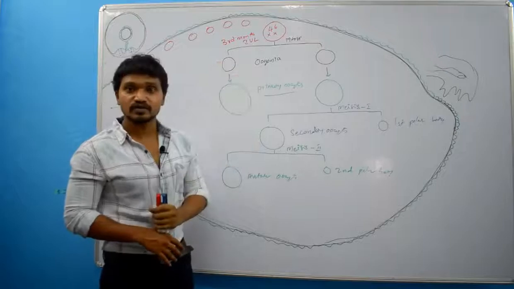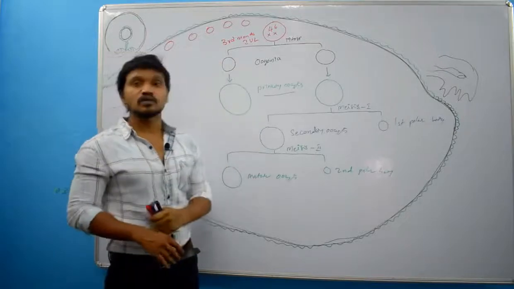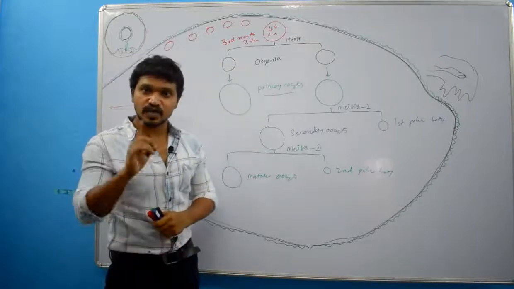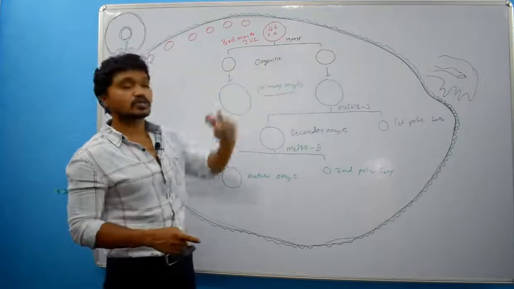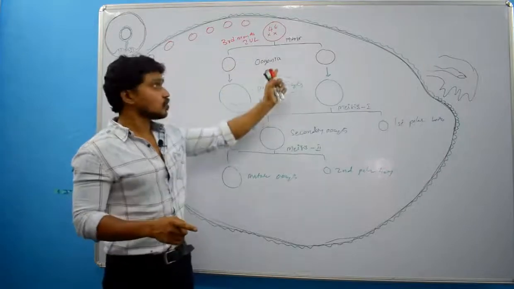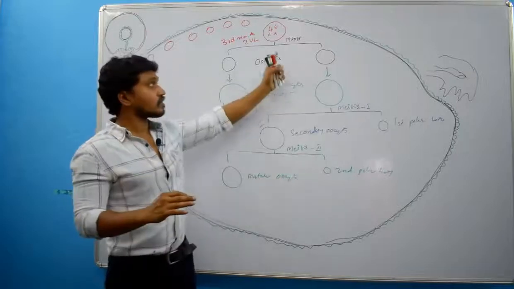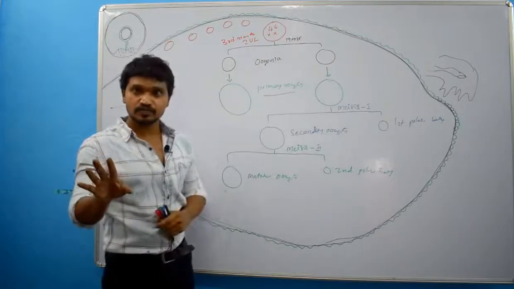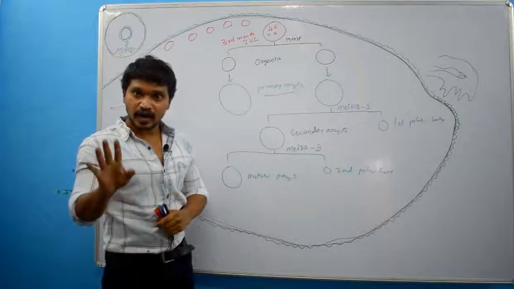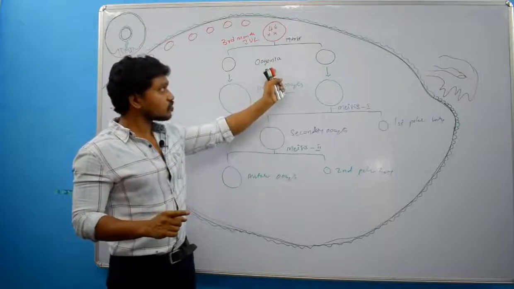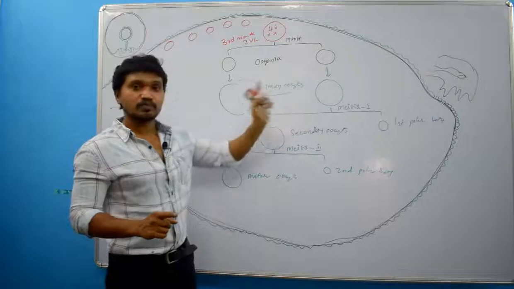So all these primordial female sex cells undergo mitotic division around the third month of intrauterine life and produce oogonia. When the ovary gets a sufficient number of oogonia, mitotic division stops, right? And there will be conversion of oogonia into primary oocytes.